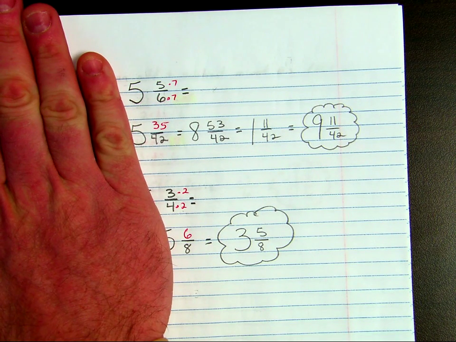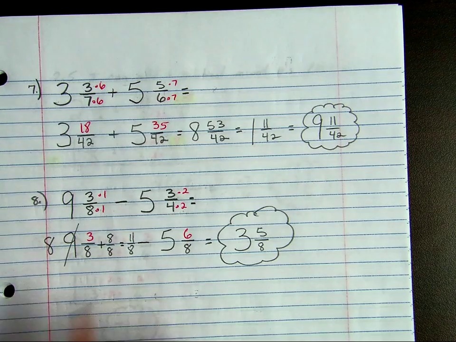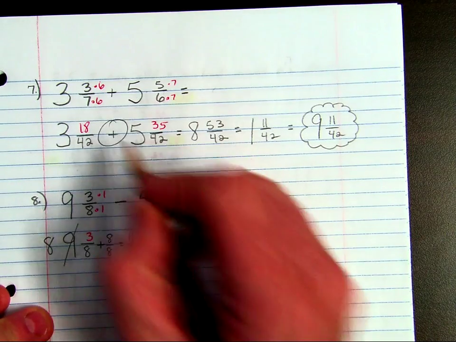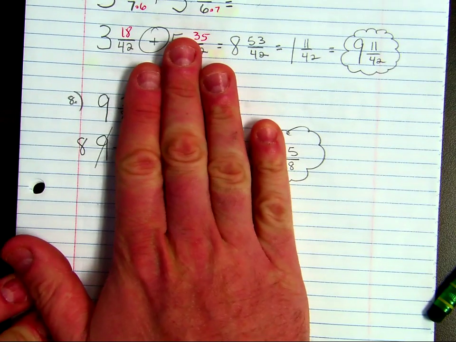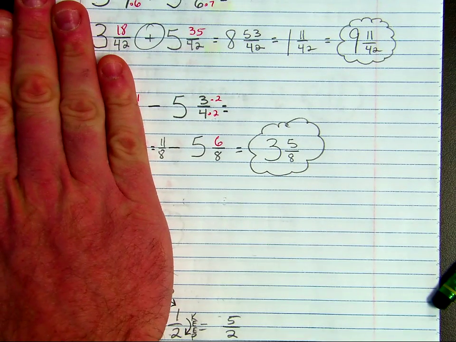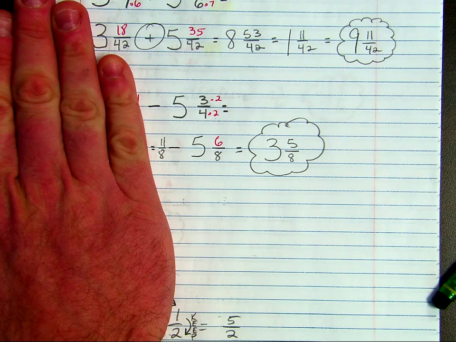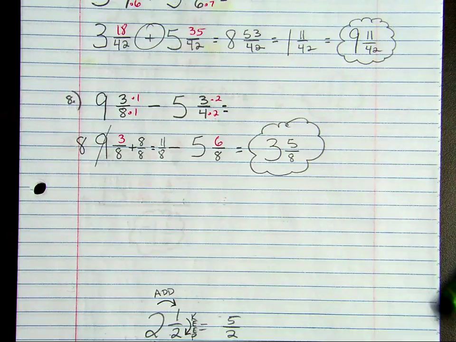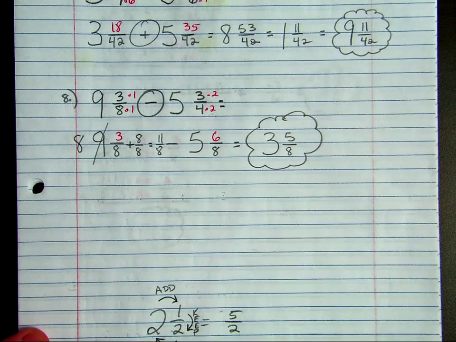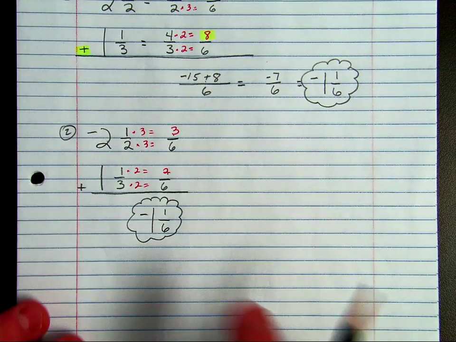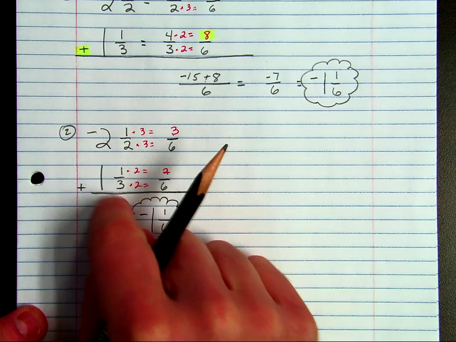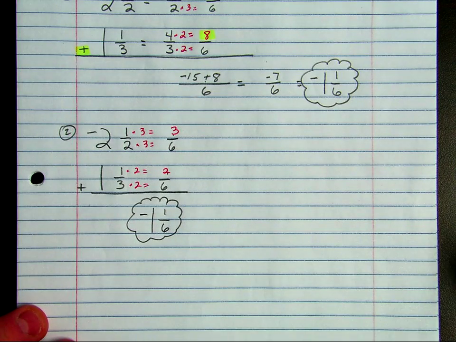The signs were the same, so what did we do? We added. The 9 was positive, the 5 was negative. The signs were different. What did we do? Today, the signs are different. What did we do? We subtracted.